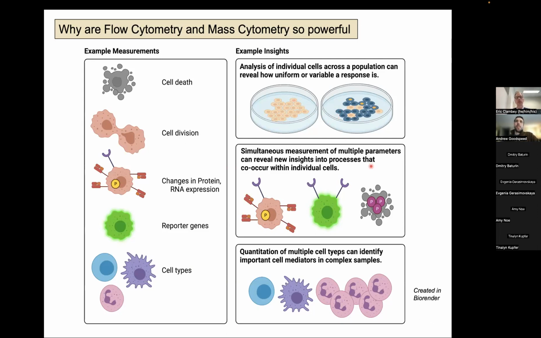You can also simultaneously measure multiple parameters. And this is really where the rubber hits the road with cytometry, because it allows you to define what processes are co-occurring within individual cells or are not co-occurring.